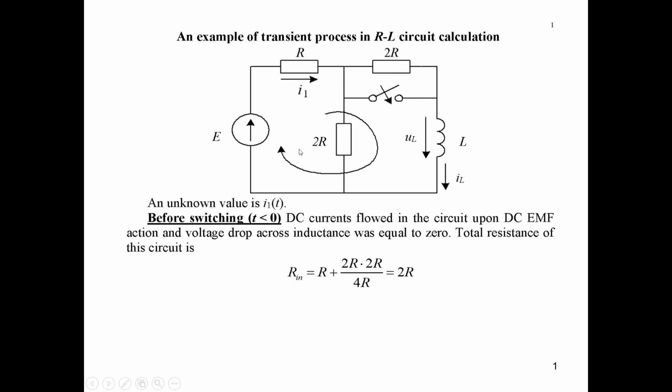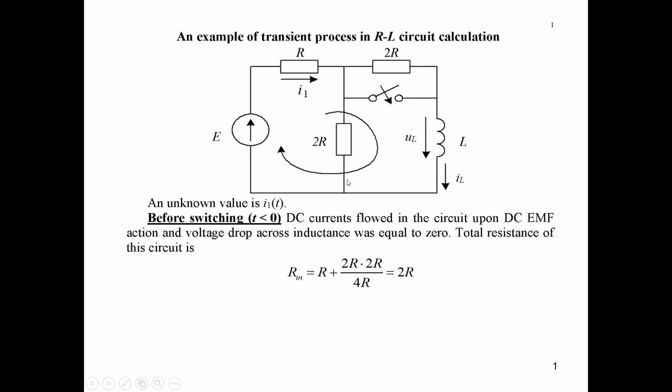We can calculate the resistance of this schematic relative to the clamps to which the EMF is connected. This 2R and this 2R will be connected in parallel. Yes, it is like a short-circuited place, it is absent. So this branch and this branch are connected in parallel.